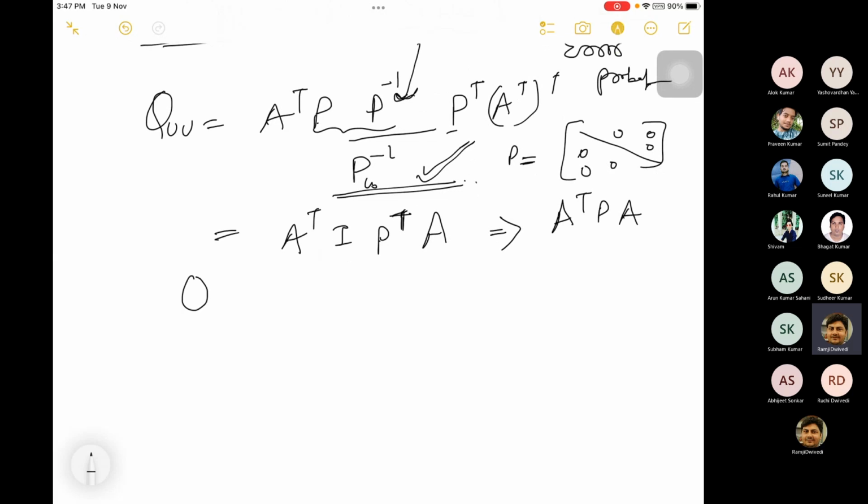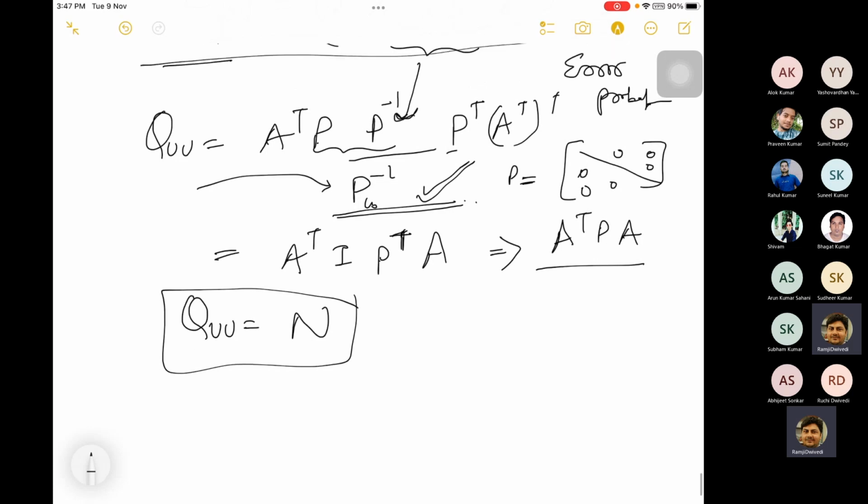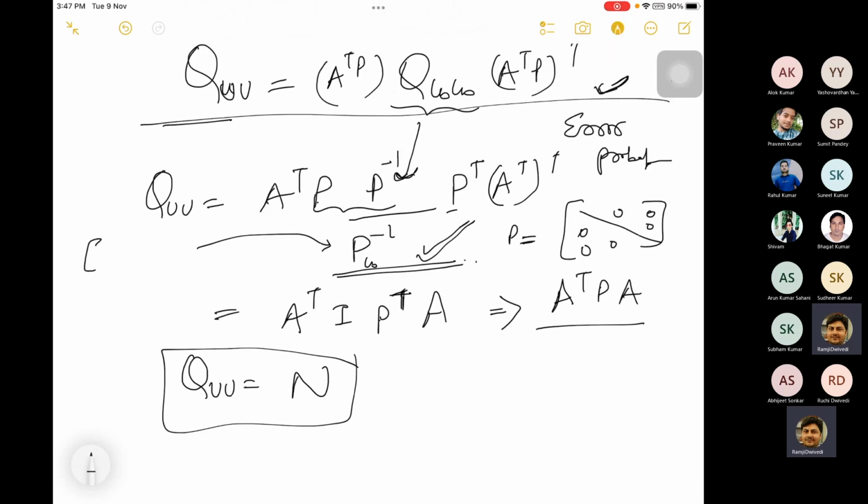So QUU is nothing but N. Those who couldn't understand how this P inverse is written for the QLBLB need to go back to the error propagation slide.